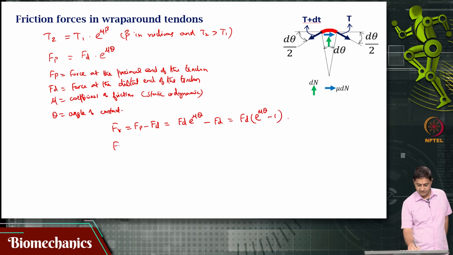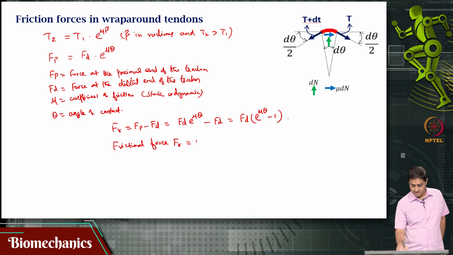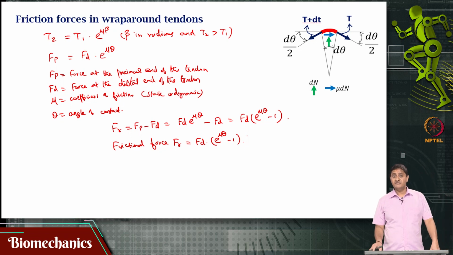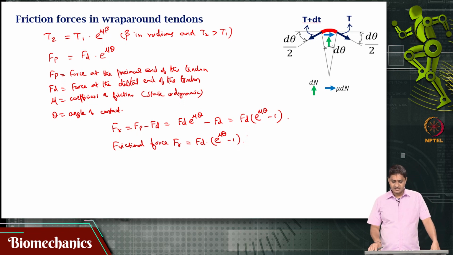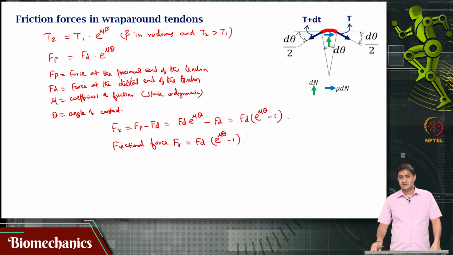So, the frictional force Fr is Fd times e power mu theta minus 1. So, the frictional force is a function of the coefficient of friction and the angle of contact, right. That is what we learn from this mini derivation.